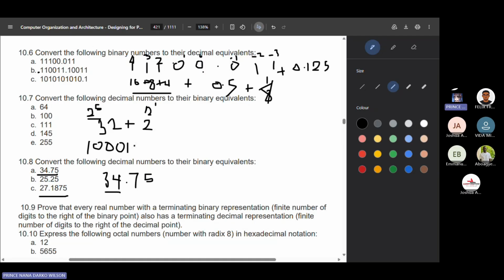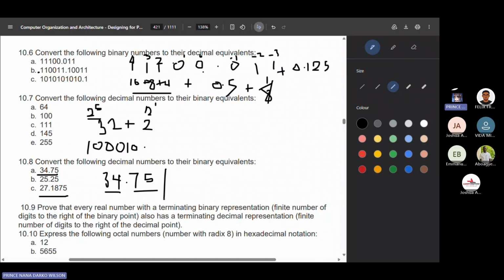So 34 becomes this. For the decimal part, you multiply repeatedly by 2. You keep the whole number, then you take the decimal and multiply again, keeping the whole number. You keep doing it till your decimal is exhausted.